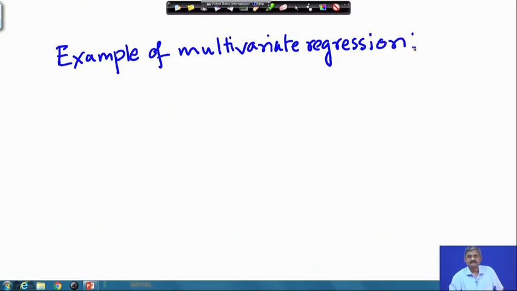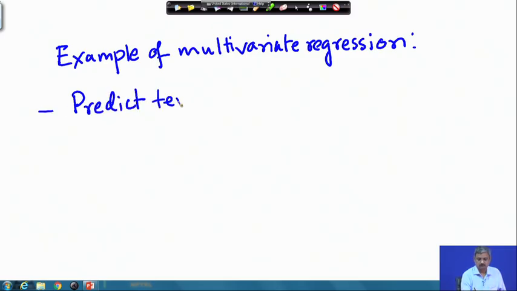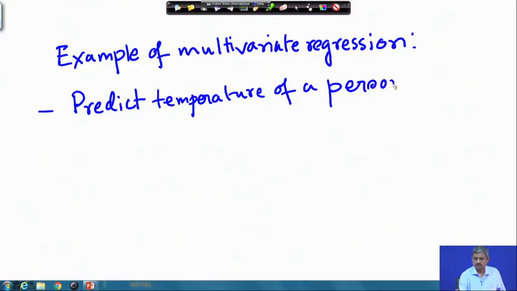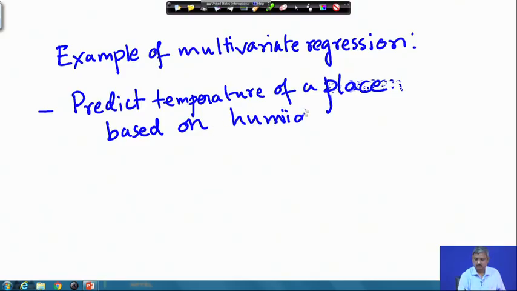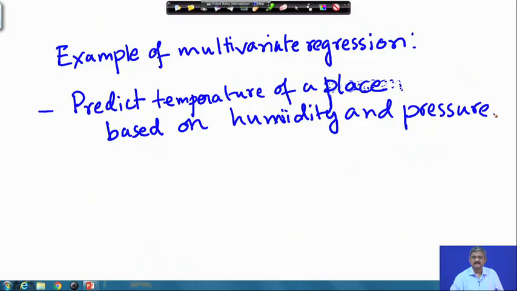Let us see an example of multivariate regression: based on humidity and pressure, you predict the temperature of a place.